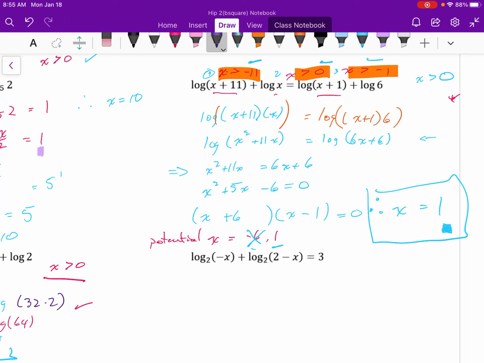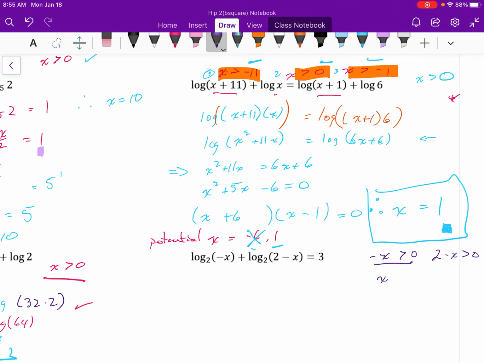And maybe a better idea is to write the arguments as two restrictions and then compare the answers. So here, what I notice is that my arguments, negative x has to be greater than 0, or 2 minus x has to be greater than 0.